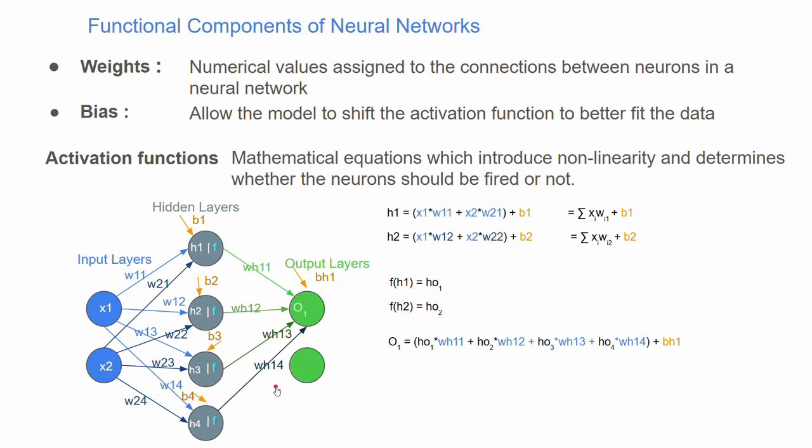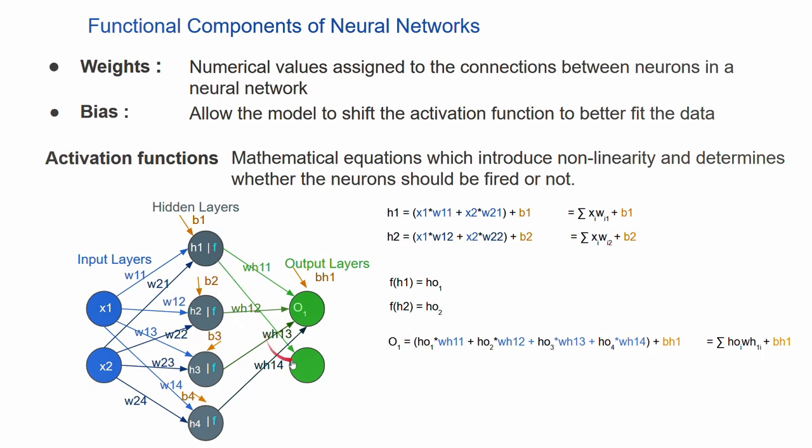There we have the function. How does it look? h01 times weight plus h02 times weight plus h03 times weight plus h04 times weight plus bias. These are the short forms.